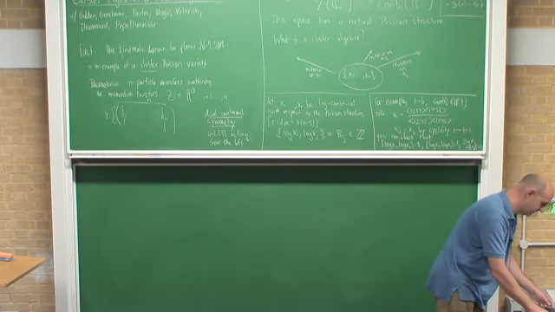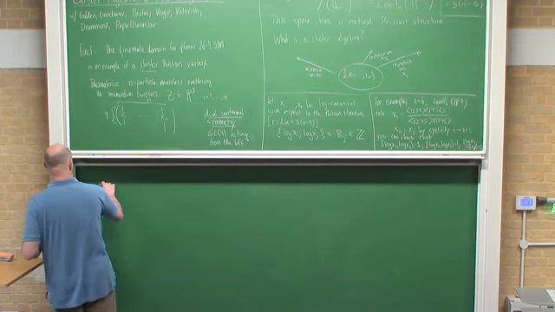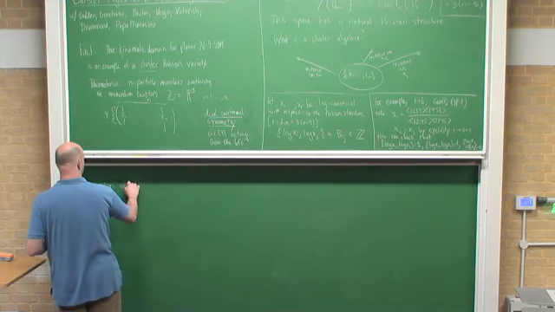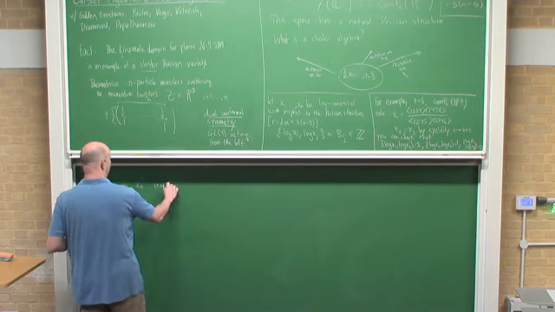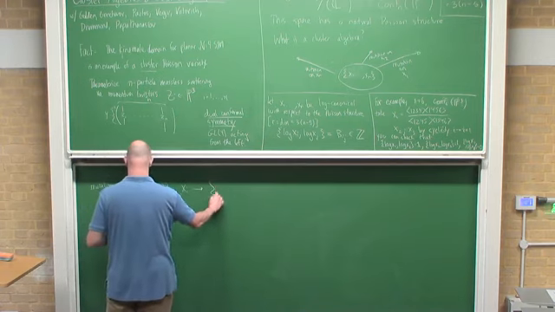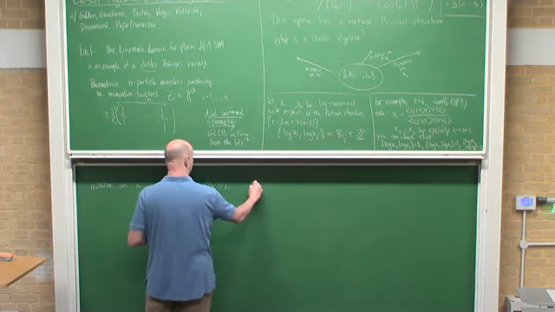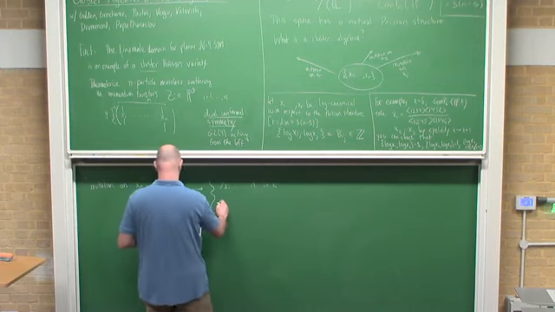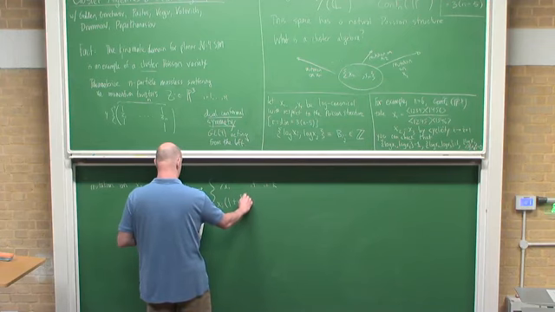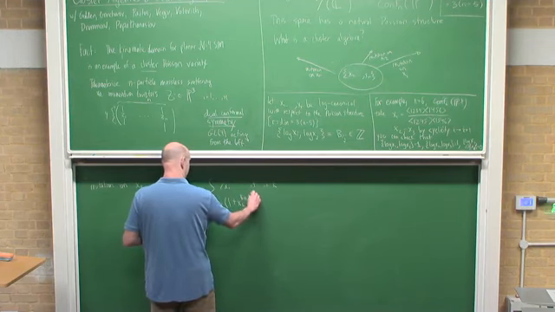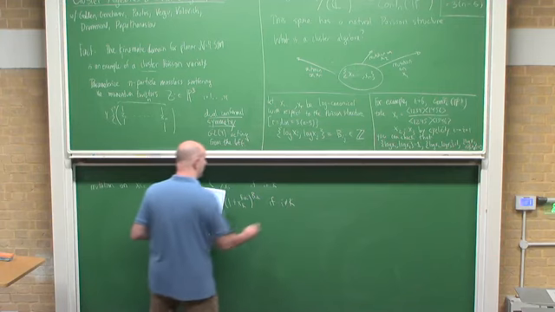Mutation on xk maps xi to 1 over xi if i equals k, and xi times (1 plus xk) to the power bik if i is not equal to k.